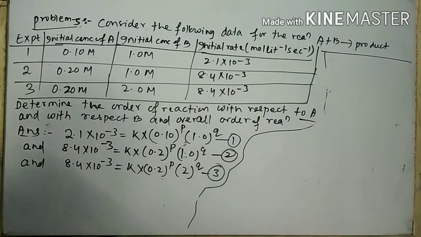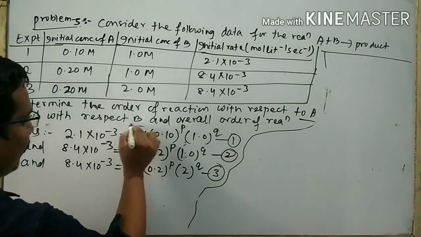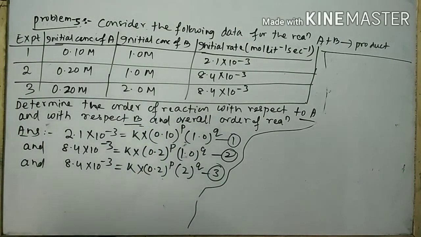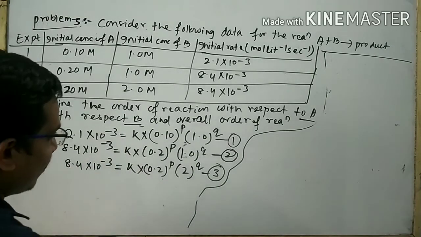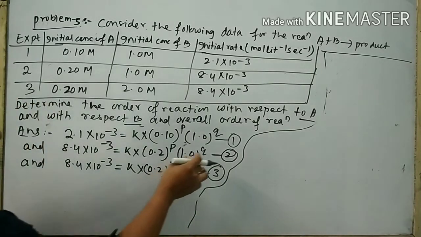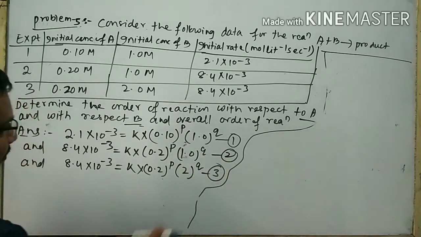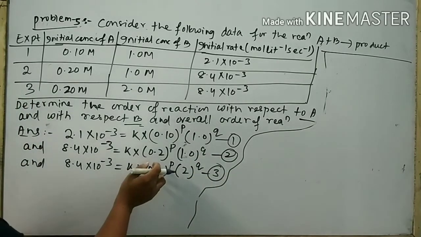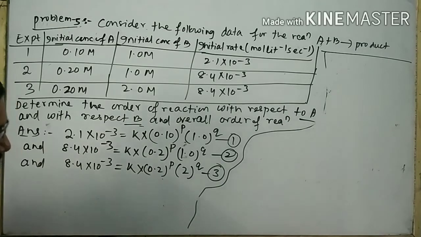Now I will find the order of reaction with respect to B. That means it is necessary to include the concentration of atom. Look at that. If I take the equation 2 and 3, then the concentration atom will be cancelled.